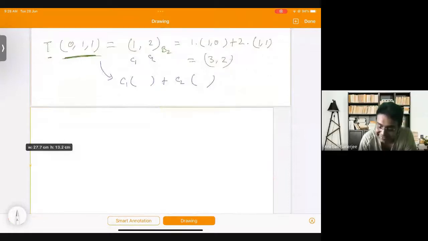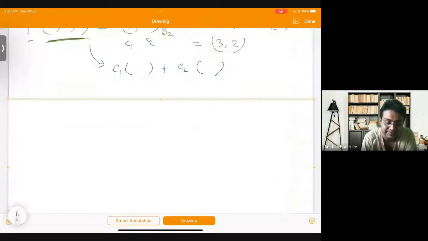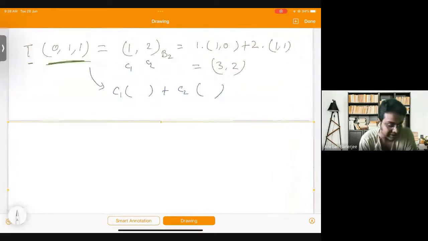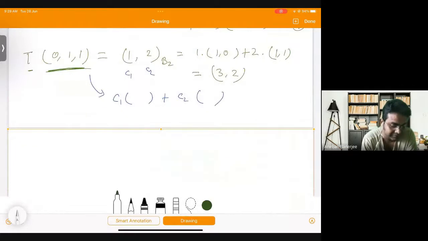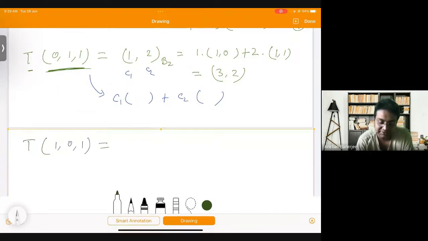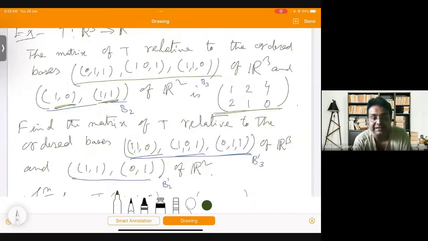I'm going to show you this example because this is a little complicated example where we are changing the basis. Now we do the same thing for the other vector, 0 comma 1. We can get this from the second column of this linear transformation, so that is 2 comma 1.